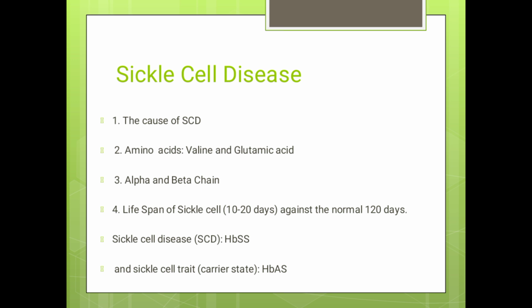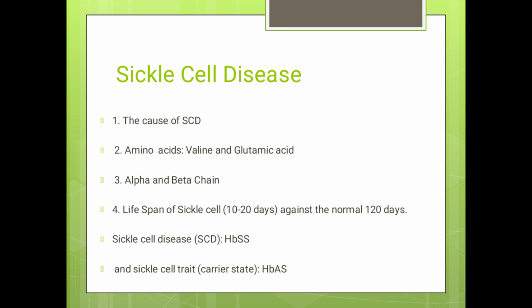Because glutamic acid is found on the sixth position on the beta chain of the hemoglobin, it ensures that all the time hemoglobin A remains dissolved in the cytoplasm of the red blood cells. So they don't accumulate to form polymerization, which would lead to sickle shape.